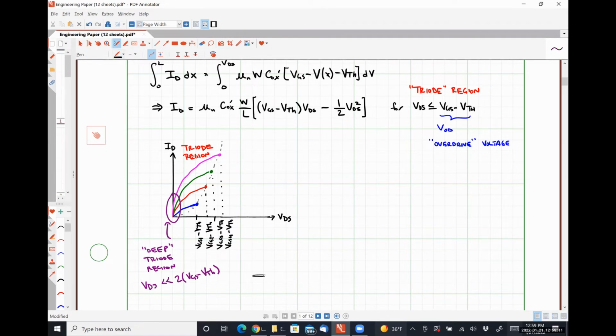And in this region, our drain current relationship simplifies to mu n Cox W over L VGS minus VTH. Sorry, that should be lowercase h.